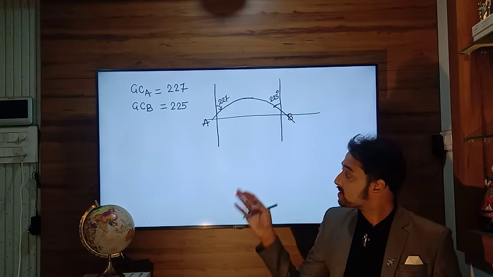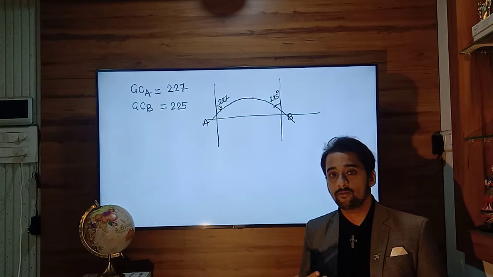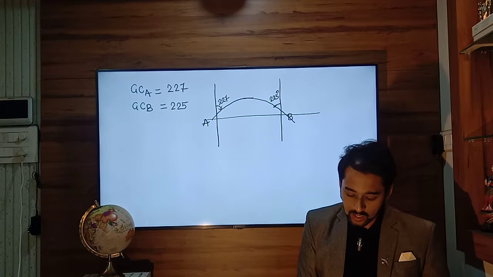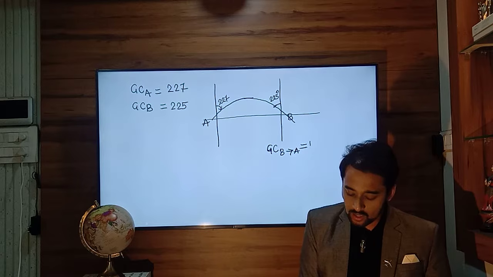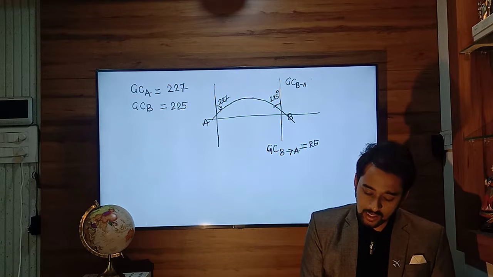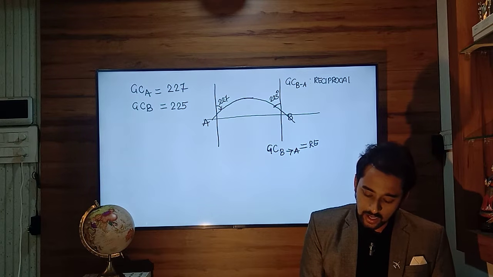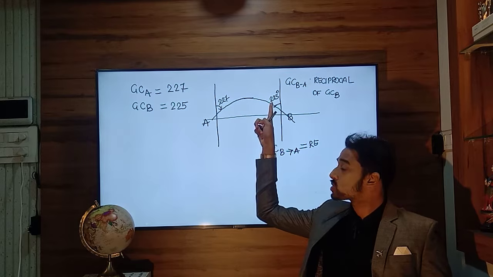Now let's say we land at point B and we want to come back to point A, after refueling the aircraft and taking new passengers. The great circle going back to A will be the reciprocal of the great circle at point B. Coming towards B, your great circle was 225.